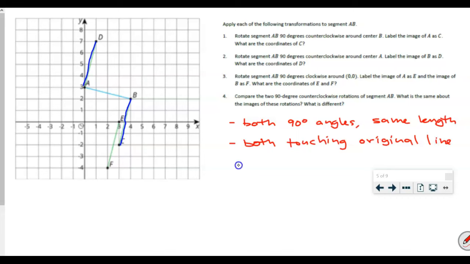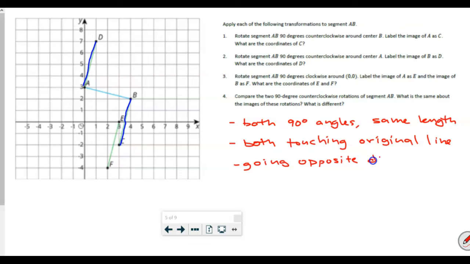Anything else? Logan. I'm not sure what you mean by that, if we just swap them. What does that mean?